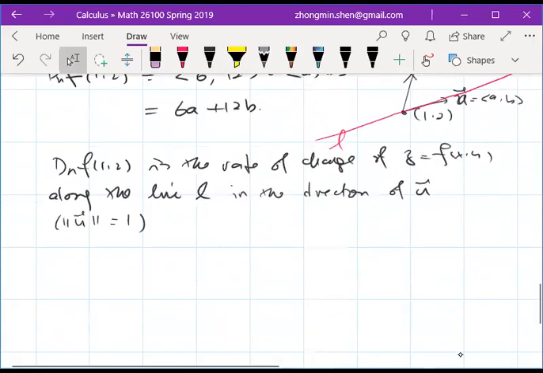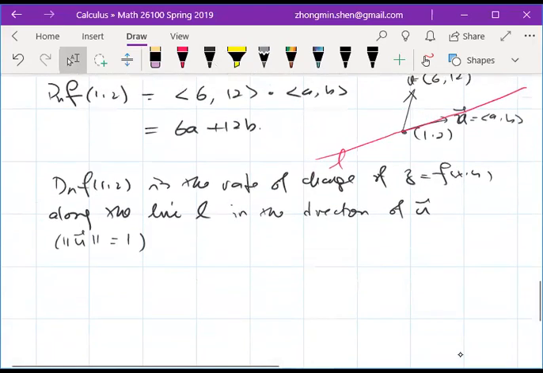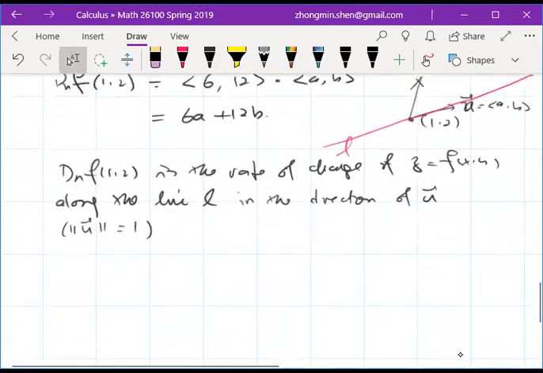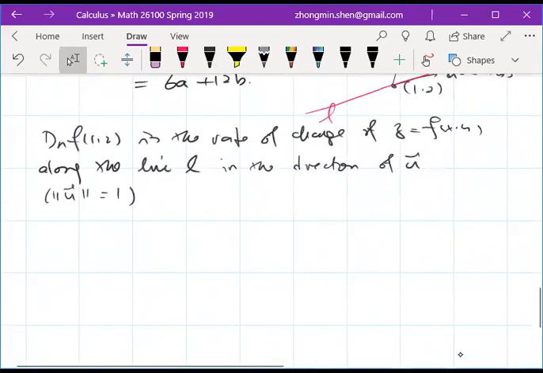In other textbooks, the directional derivative uses just an arbitrary vector, not necessarily a unit vector. But for a unit vector, you can describe the vector using the angle.